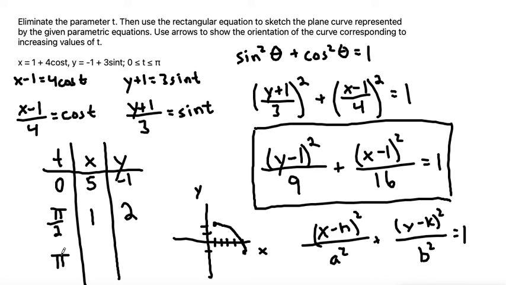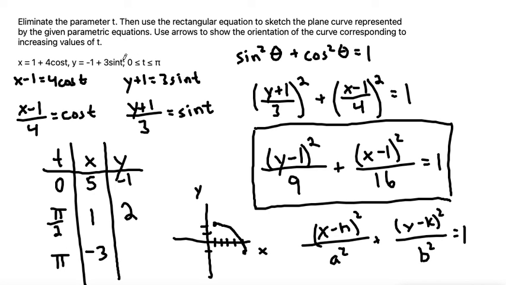Okay, next we plug in pi for the x equation. The cosine of pi is -1, so that would be -1 times 4, which is -4, and -4 plus 1 is -3.